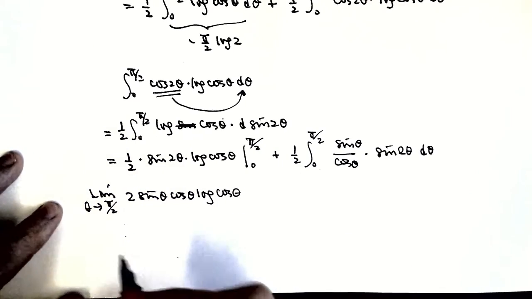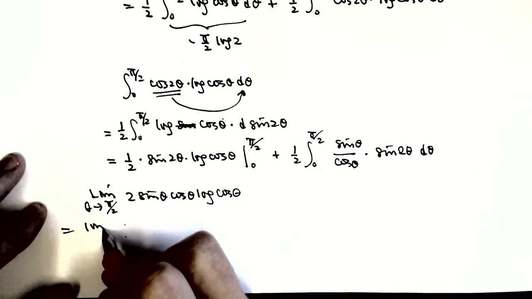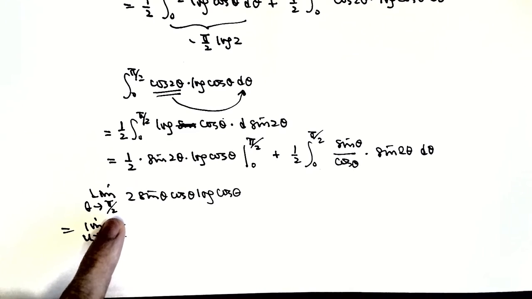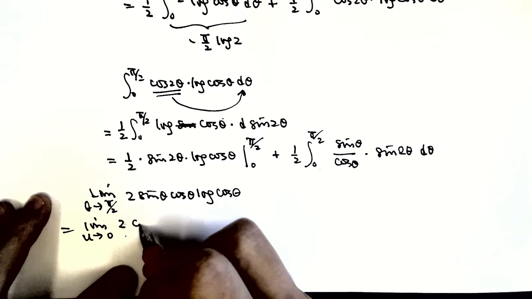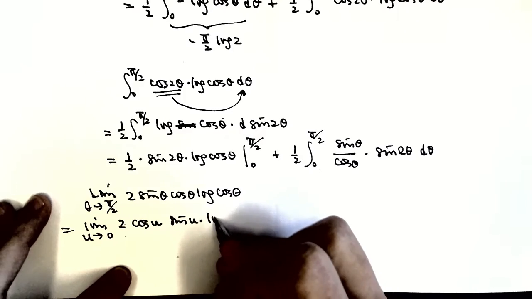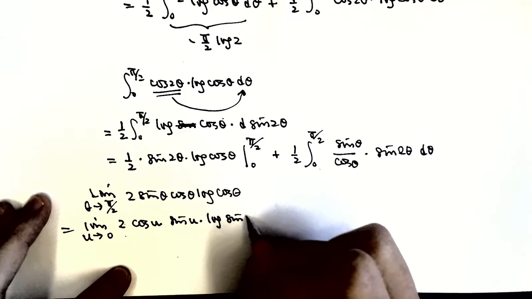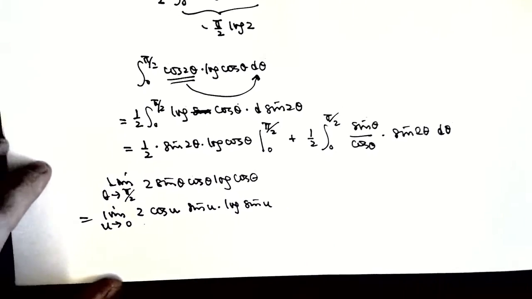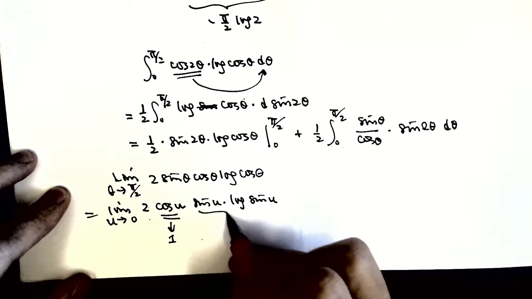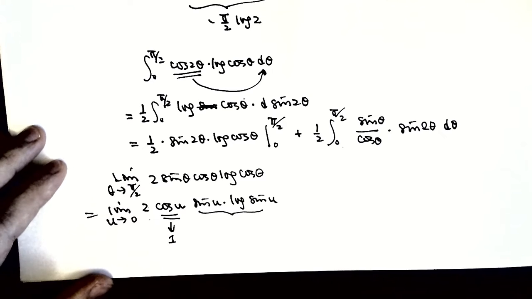Then we flip the limit from pi over 2 to 0, so this will become cosine u, this will become sine u, and the cosine will become sine u. Now, we know this factor will tend to 1, so we have to calculate the remaining one.